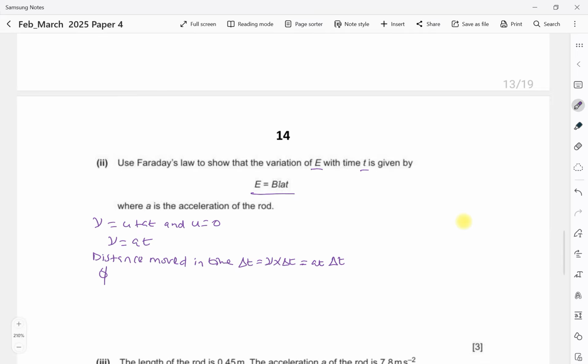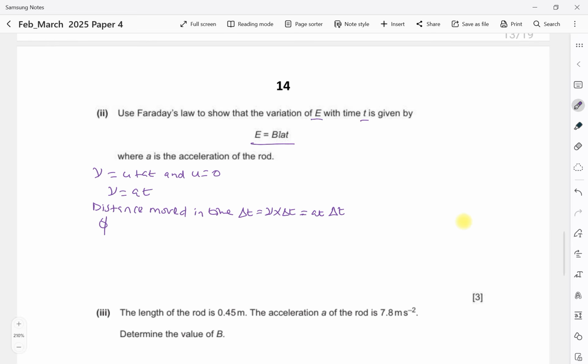And we know that magnetic flux is equal to BA. Also we know that the electric field strength E is the rate of change of magnetic flux. So E is going to be equal to B times A, where A is the length of the conductor L times the distance through which it moves, which is x, then divided by the time delta t.